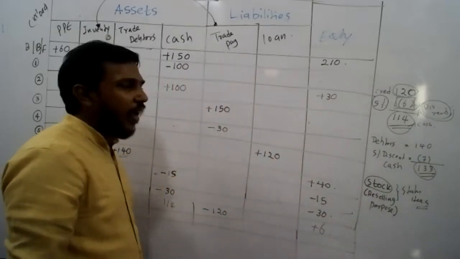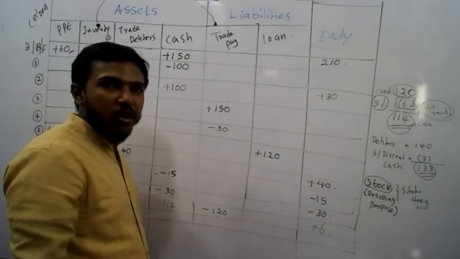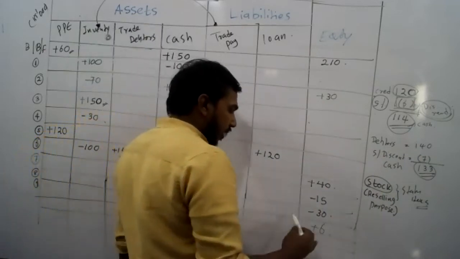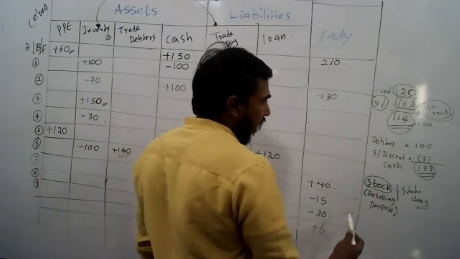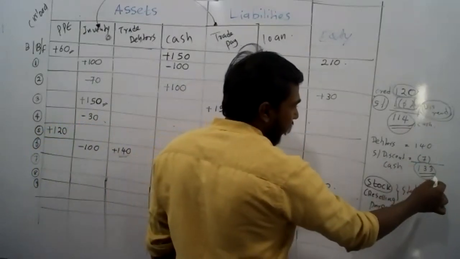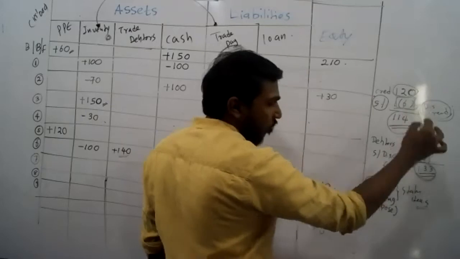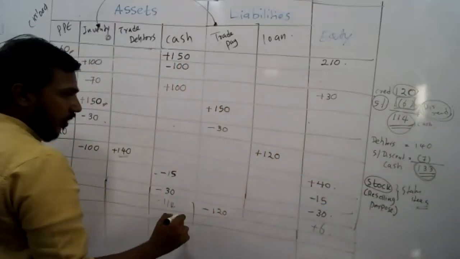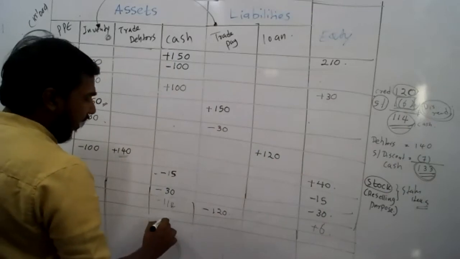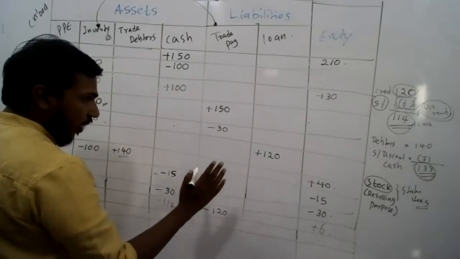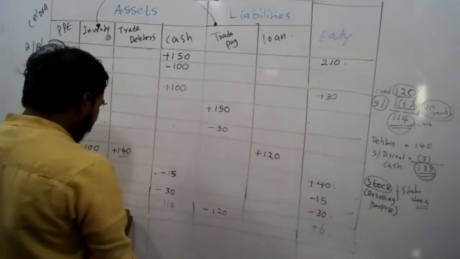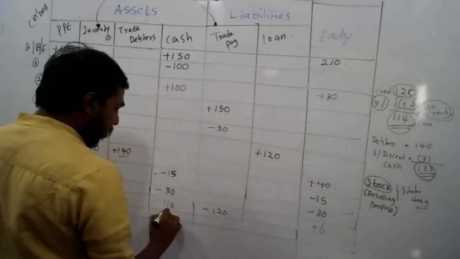You are going to collect the cash from debtors after allowing a 5% discount. So the cash you are generating is 133.